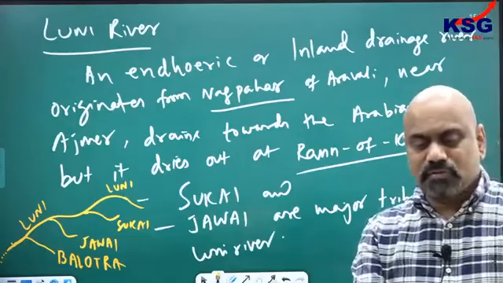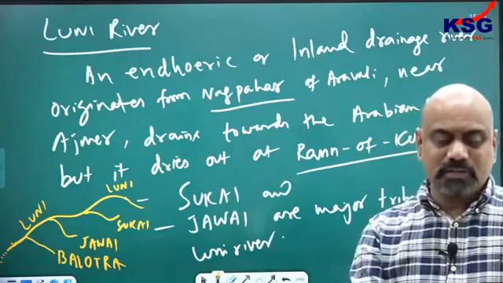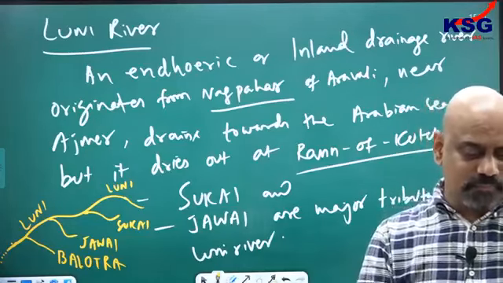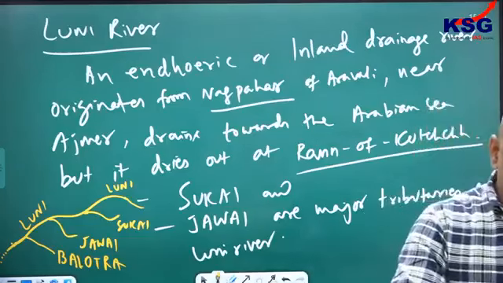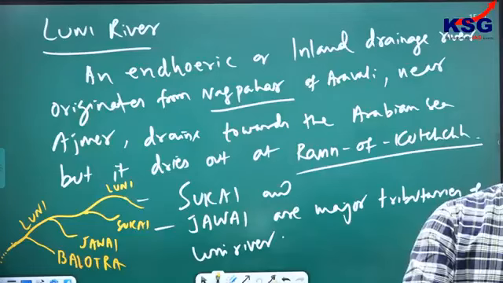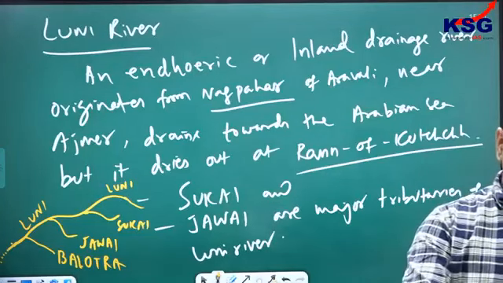After meeting Sukri and Jawai, the Luni river's water became salty, saline water. That's why this river is called a salt river or saline river.